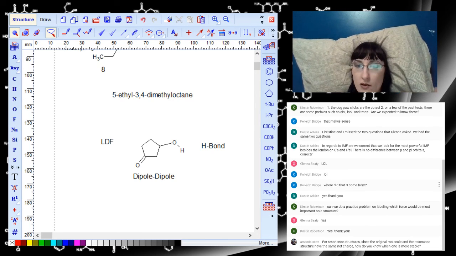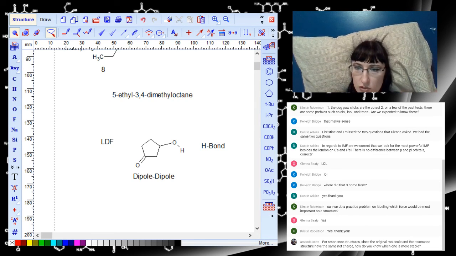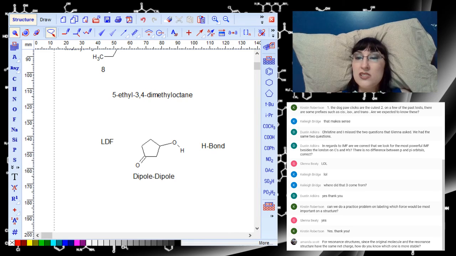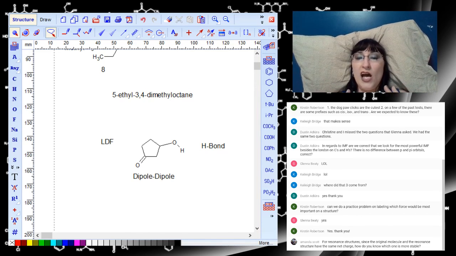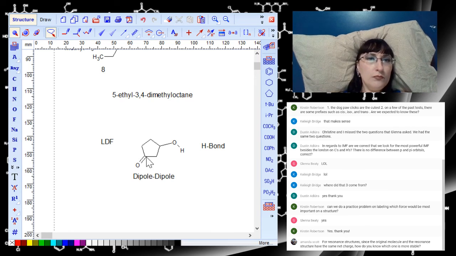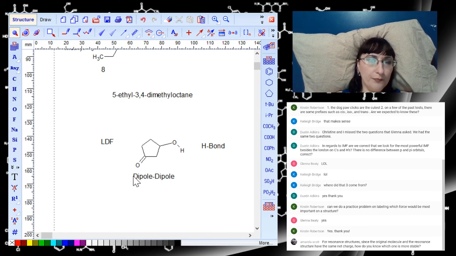Okay. All right, so Amanda, for resonance structures, since the original molecule, how do you know which one's more stable? Okay, so sometimes there's not a difference. If you have a molecule, let me draw you an example here.